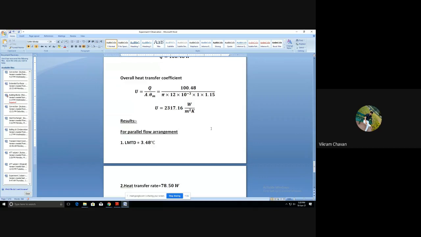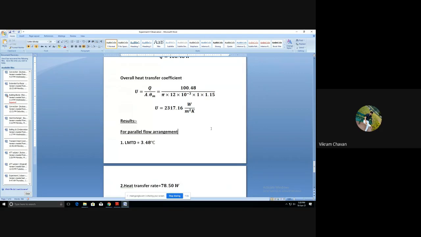I hope that through this experimentation I have cleared your doubts about the logarithmic mean temperature difference method and its application for the calculation of the overall heat transfer coefficient, logarithmic mean temperature difference, and heat transfer rate.